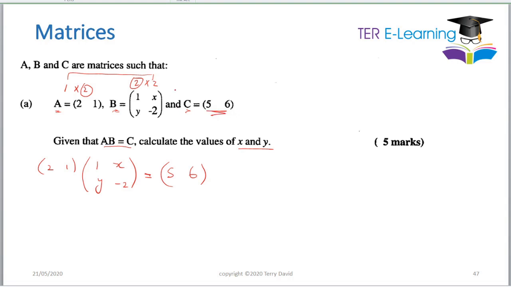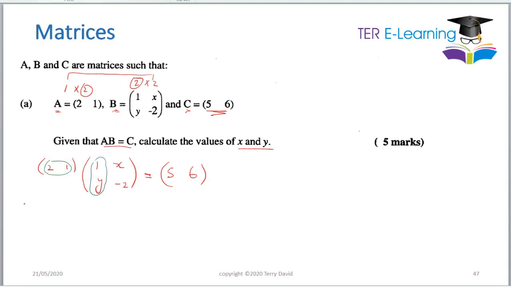Now, what's going to give you a problem is how we're going to multiply this. You have to remember, it's always row by column. So it's this row here multiplied by this column here that will give me my first number.